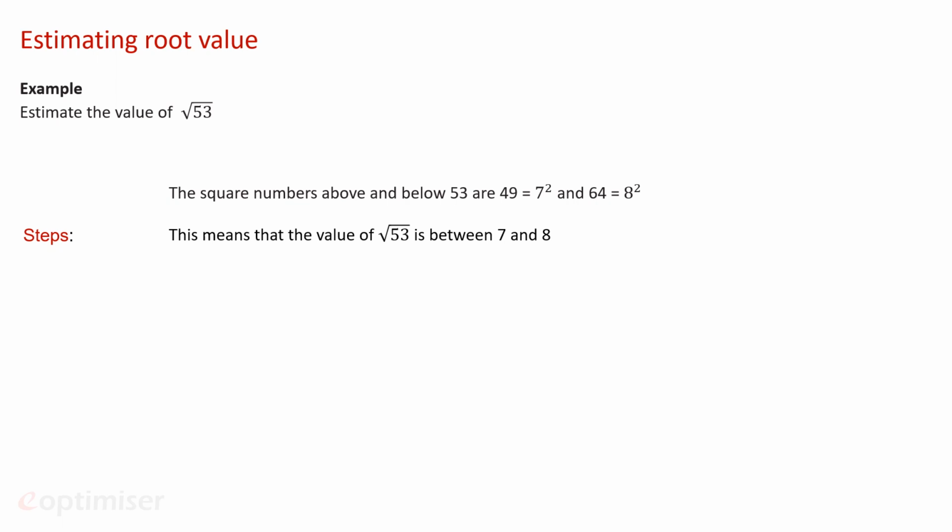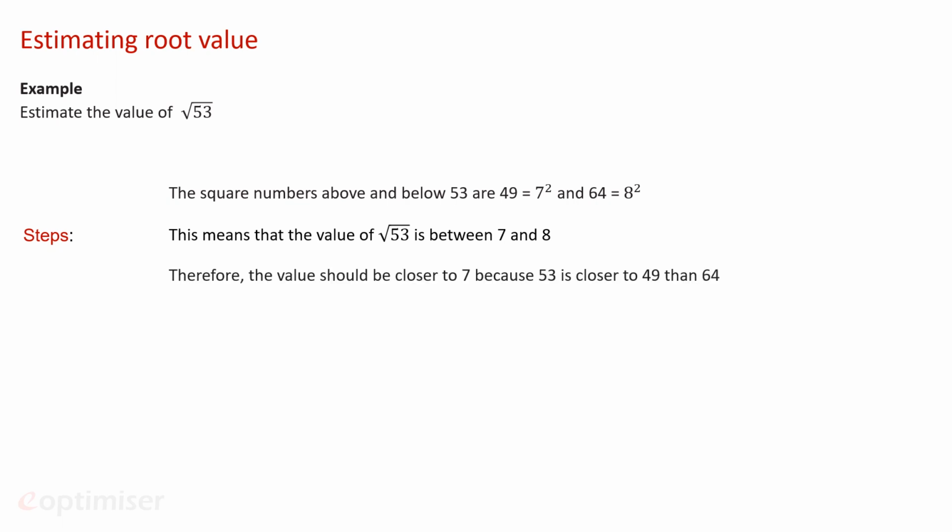Now we need to estimate. 53 is nearer to 49 than 64. The difference between 49 and 53 is 4. The difference between 64 and 53 is nearly 11. So we need to find a number between 7 and 8 to match that.